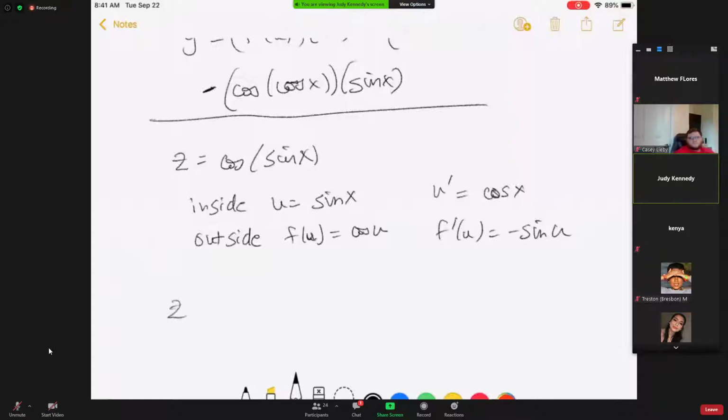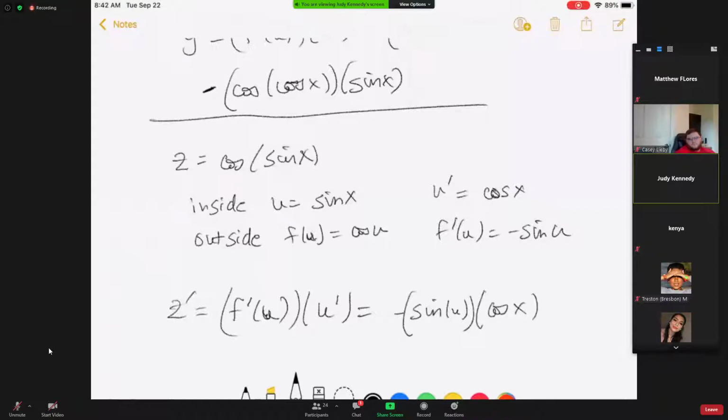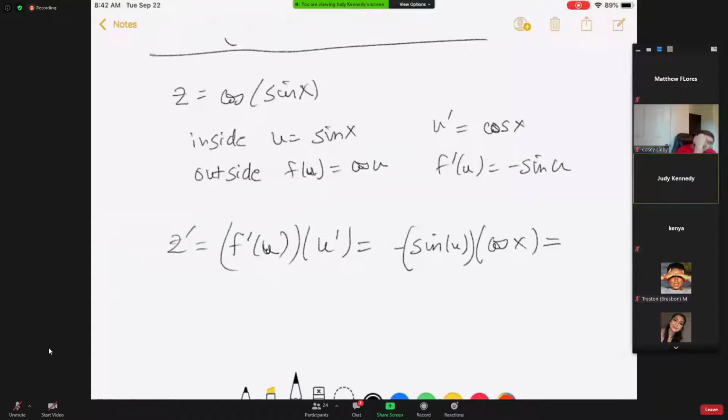That means z prime is f prime of u multiplied by u prime, so that is minus the sine of u multiplied by the cosine of x. Putting back sine of x for u, I get minus the sine of x times the cosine of x.